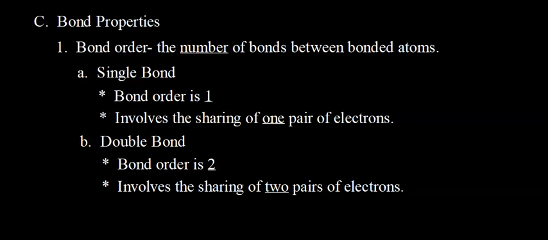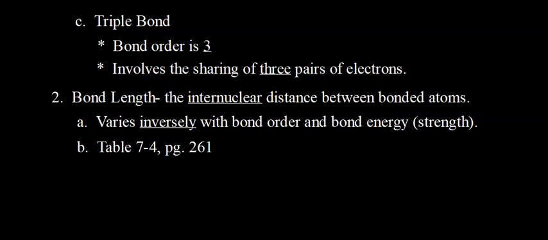First one's pretty easy. Bond order simply refers to the number of bonds between bonded atoms. For example, a single covalent bond has a bond order of 1. A single covalent bond involves a sharing of 1 pair of electrons. A double covalent bond has a bond order of 2, and it involves a sharing of 2 pairs of electrons.